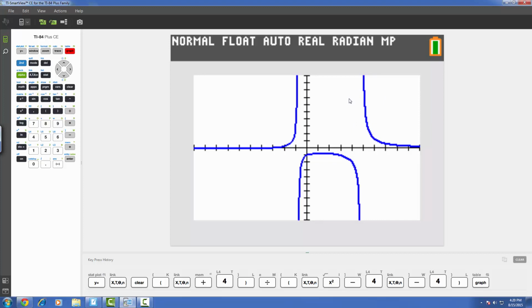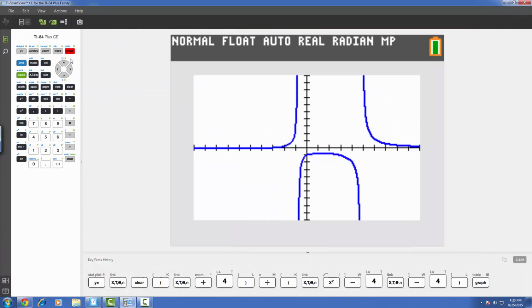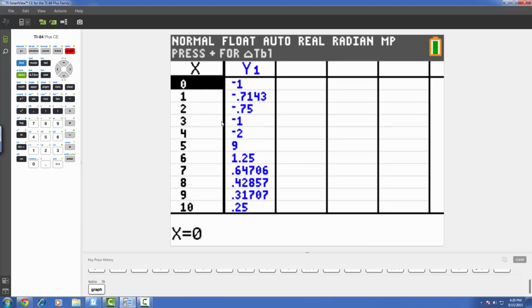So it's matching our graph so far, but if we wanted to complete our table of values, all you'd have to do is go into second, notice it says table, and there are some of our values. Unfortunately, we don't see negative 1, negative 2, negative 3, because our table is starting at 0.